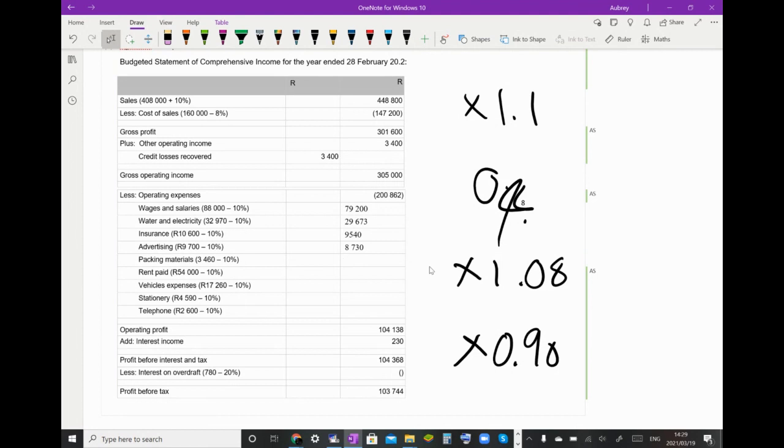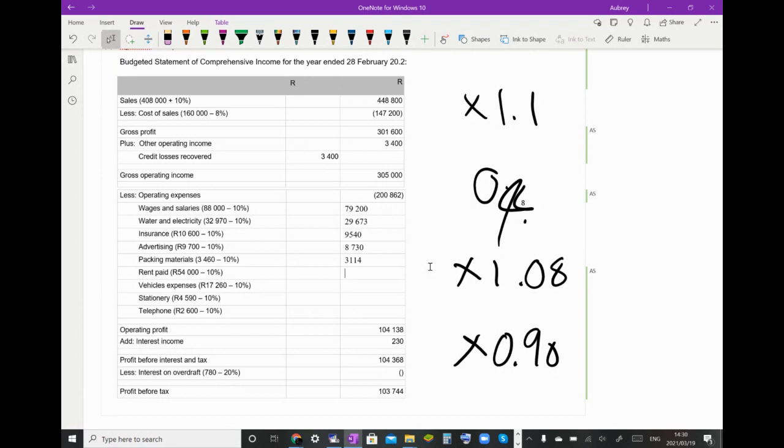Anybody else? What are you getting? 2,214. Looks like that's what most of us are getting. I think maybe you multiplied it by 0.9 twice. Okay. All right. Awesome. Thank you nonetheless. Thank you all.